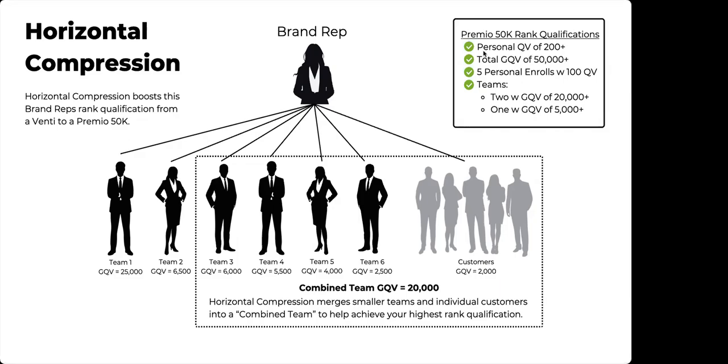So as long as those other requirements are in place, the personal QV of 200, the total group volume in the brand rep's entire organization is 50,000, and they've got 5 personal enrollments, horizontal compression automatically makes that third team that's that 20,000 in qualifying volume to level them up from a venti to a Premio.